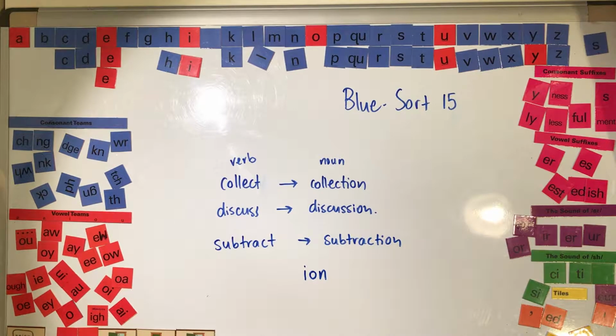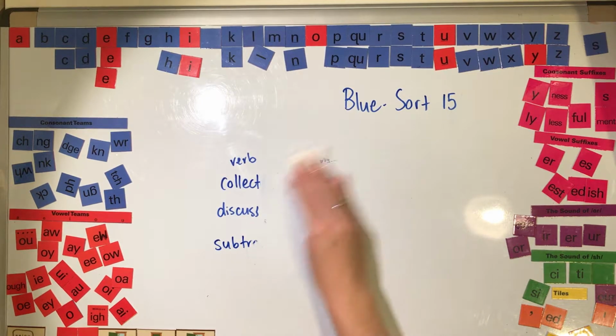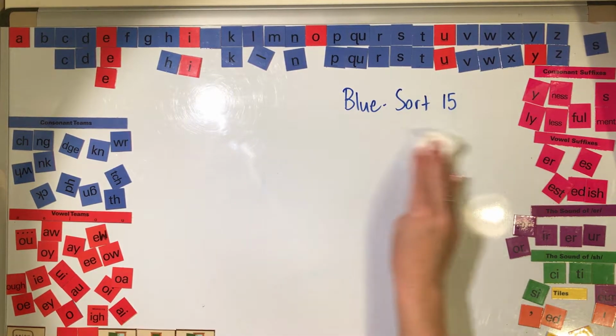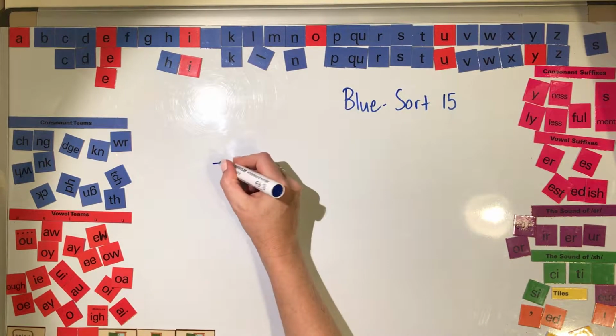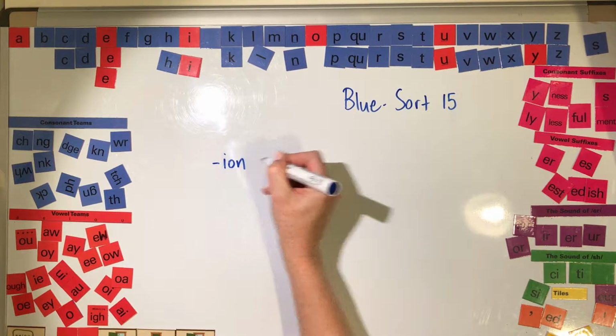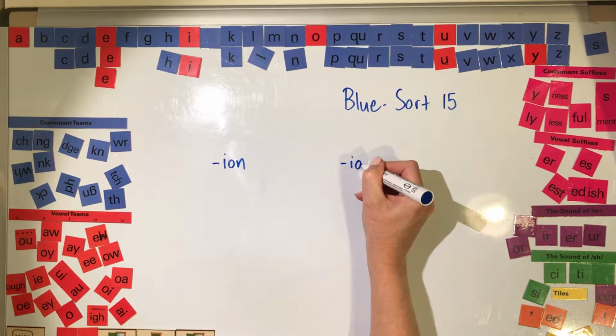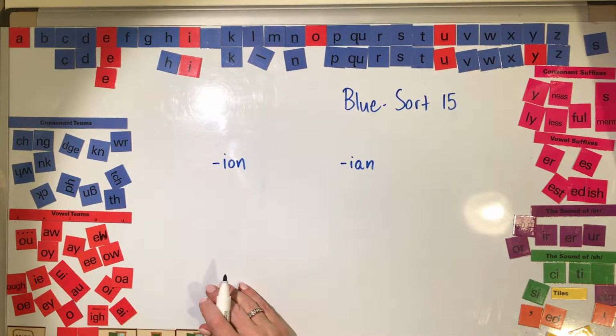And we're going to be looking at I-O-N today again, but we're also going to be looking at I-A-N and the difference. Even though they sound very similar, they're actually different. So that was just a little bit of a recap on last week, so I didn't do a video for you last week. Now for this week, we're going to be looking at I-O-N and I-A-N.